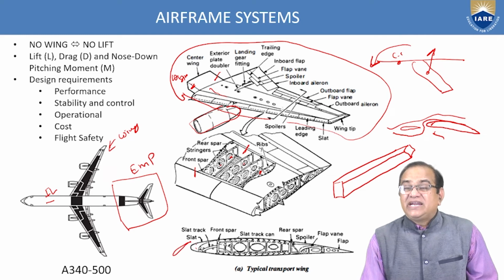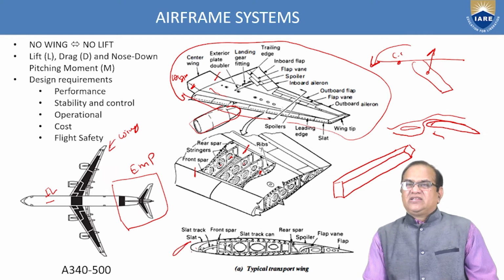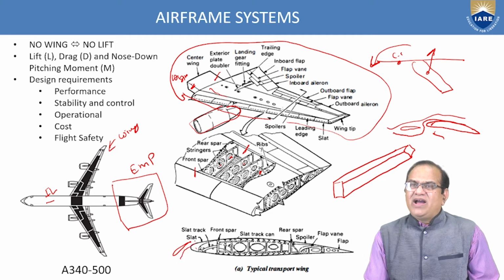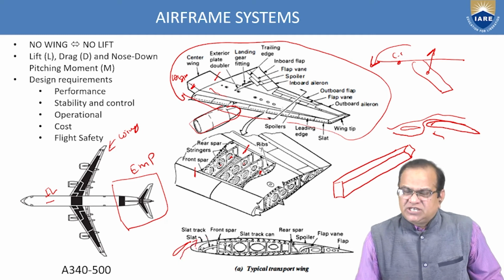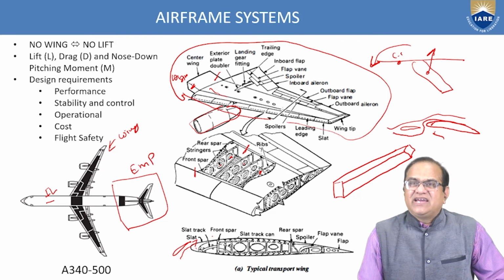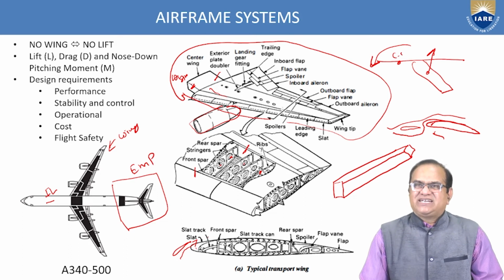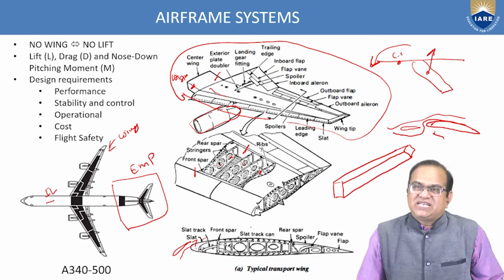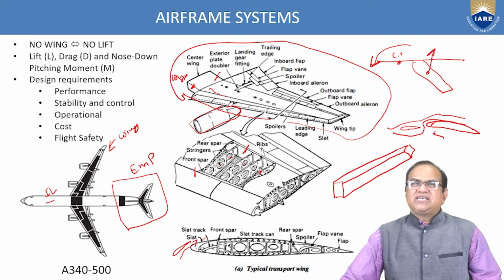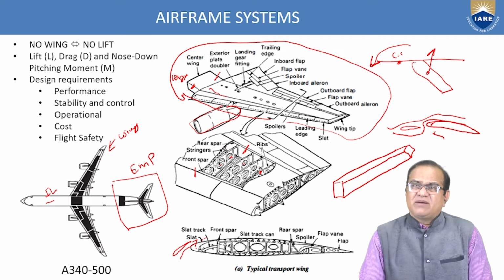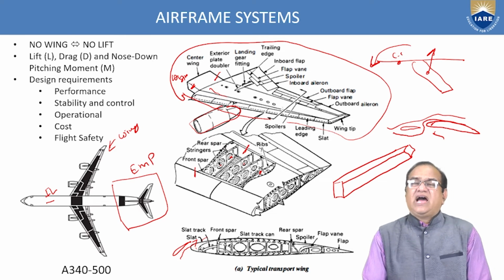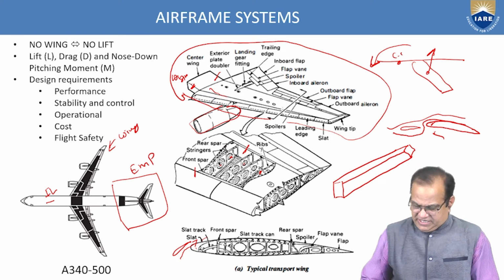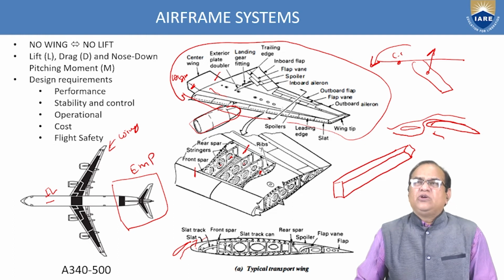So additional area will be generated, the flow separation will be avoided, extra lift is produced, it generates additional kinetic energy, so that the flow goes from here very smoothly and the flow separation is reduced. So these are the parts of the wing, and I have discussed in detail. Hope you might have understood very well.